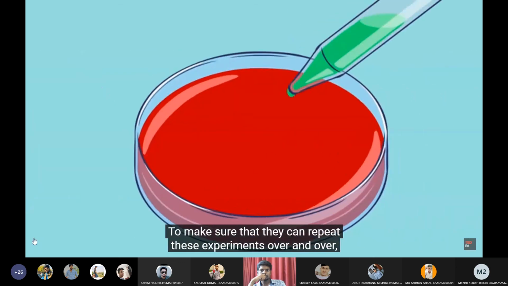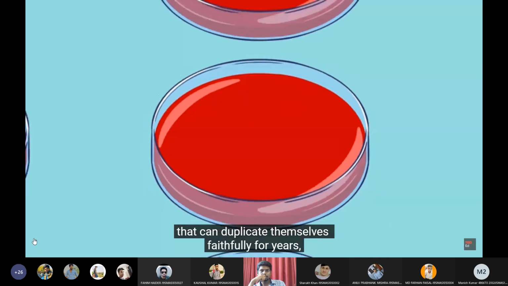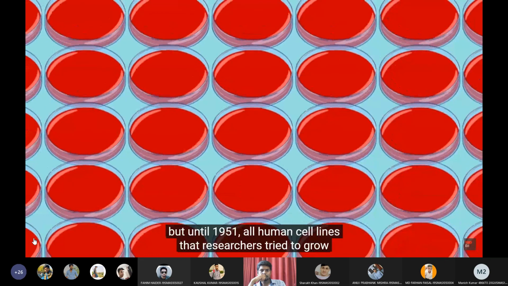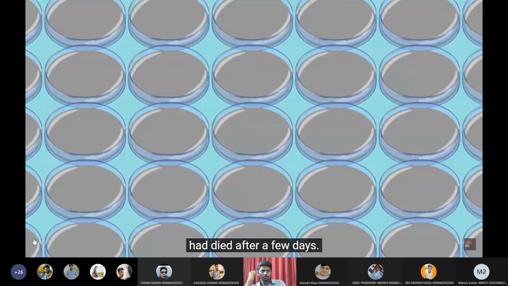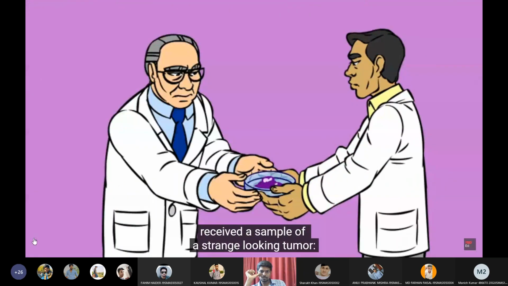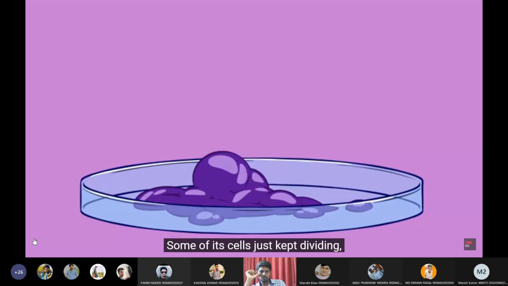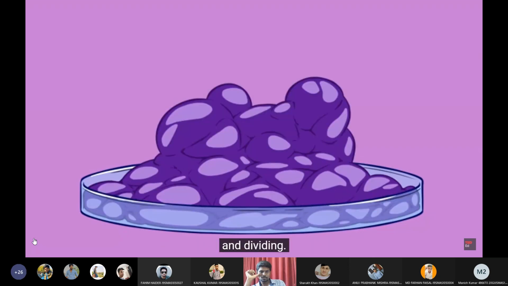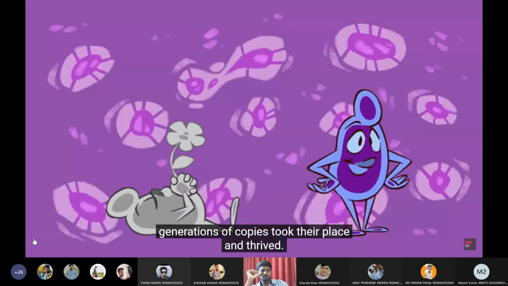To make sure that they can repeat these experiments over and over and compare the results with other scientists, they need huge populations of identical cells that can duplicate themselves faithfully for years. But until 1951, all human cell lines that researchers tried to grow had died after a few days. Then a Johns Hopkins scientist named George Gey received a sample of a strange-looking tumor. Dark purple, shiny, jelly-like. This sample was special. Some of its cells just kept dividing and dividing and dividing. When individual cells died, generations of copies took their place and thrived.